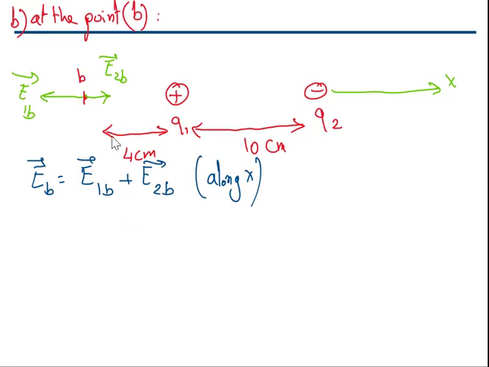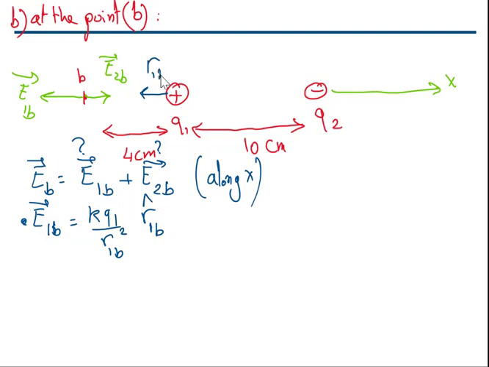Okay. Now our question comes back to the determination of this quantity, as we did before. E1B, according to the definition, is k Q1 over r1B squared, multiplied by the unit vector r hat from 1 to B. What is r hat? For the first charge, it is the unit vector pointing from the point charge to the point field.